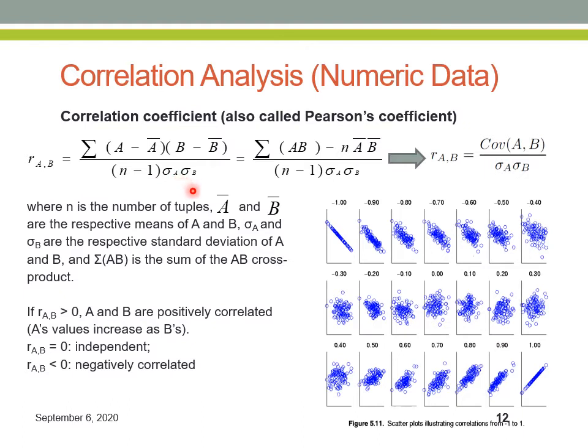The normalization occurs by dividing our covariance, this is the covariance formula if you look very closely, by the standard deviation of our first variable multiplied by the standard deviation of our second variable. That gives us this formula here.